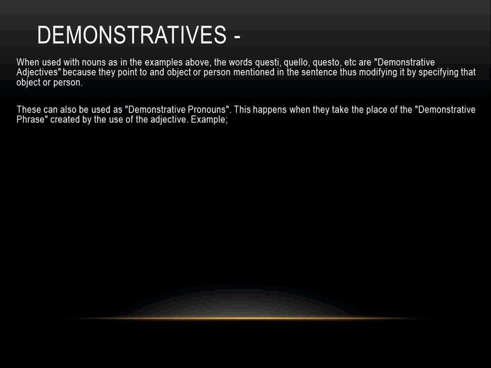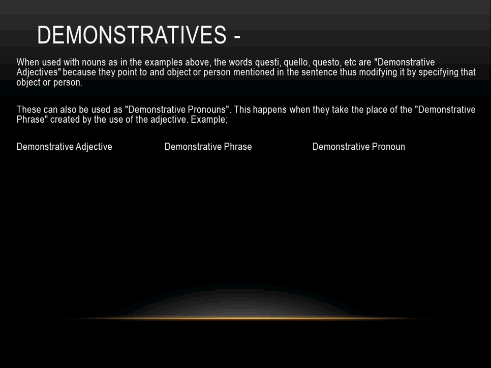These can also be used as demonstrative pronouns. This happens when they take the place of the demonstrative phrase. The demonstrative phrase is that boy. If you just say that, all of a sudden you have a demonstrative pronoun because it now has an antecedent. Okay, and it's created by the use of the adjective.